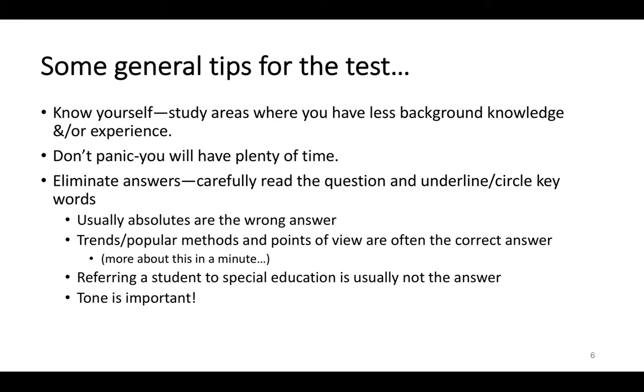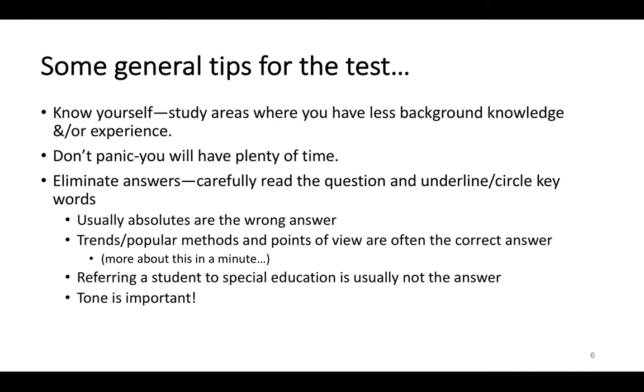The second bullet here, in terms of how to eliminate answers, talks about really honing in on what some trends in education are, what some popular methods or popular points of view are. These are things that also help us choose the right answer out of the two.